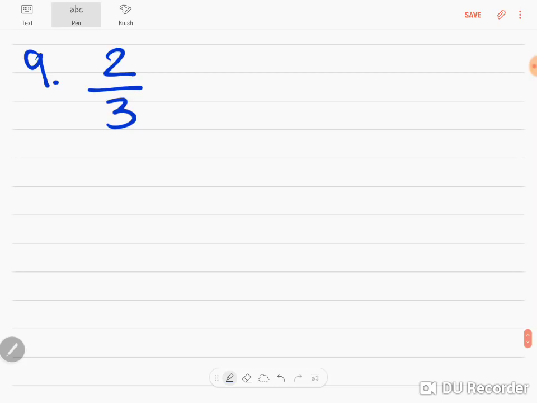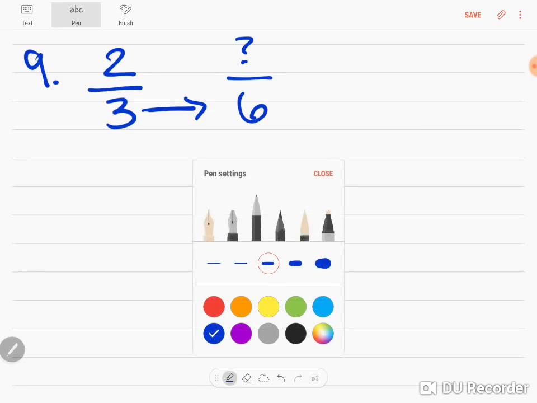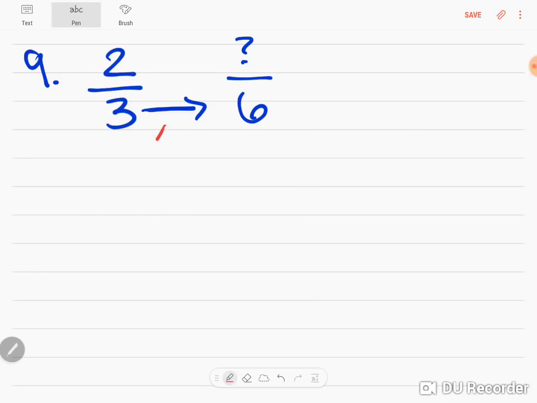How can I go from 3 to 6? I multiply this 3 by 2. 3 times 2 is 6. So anything I do to the bottom, I must do to the top. So 2 times 2 is 4.